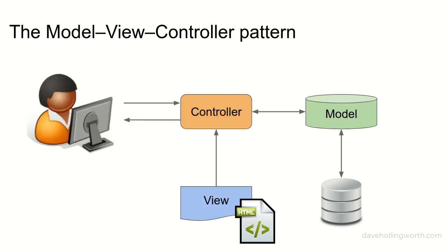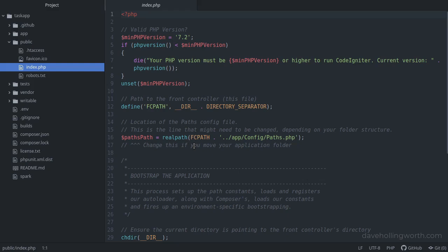When a request comes in from the browser, the framework decides which controller to run based on the URL, and sends that controller's response back. So in an MVC framework, the URL doesn't correspond directly to files and folders on the web server. The index.php page in the root of the site is called a front controller.